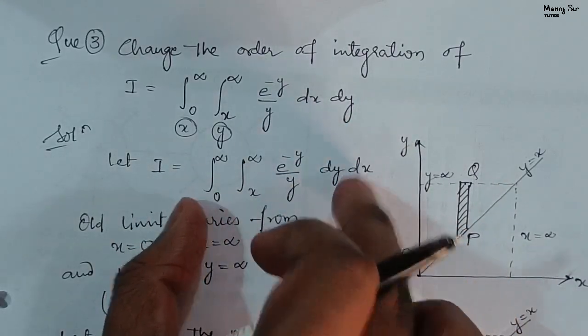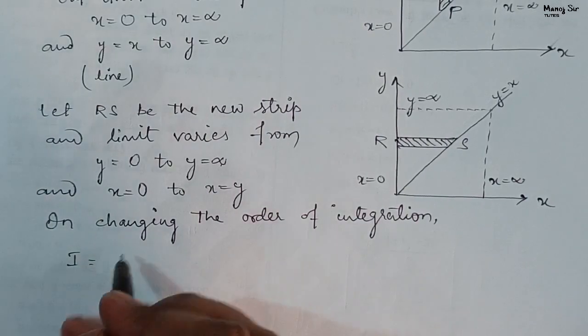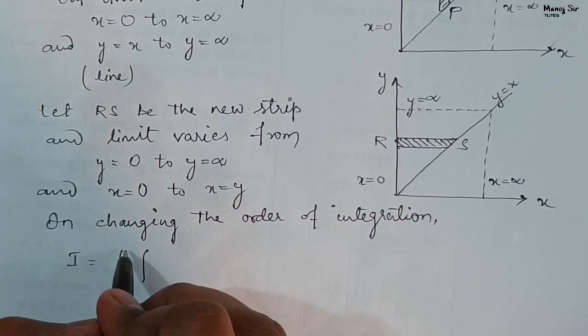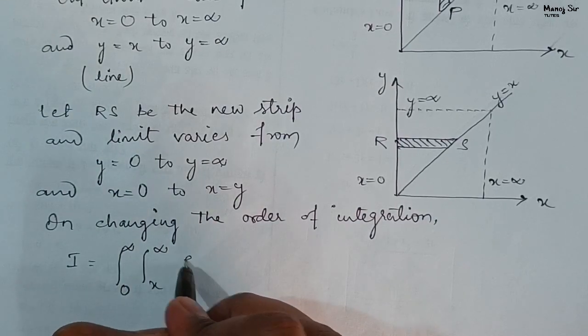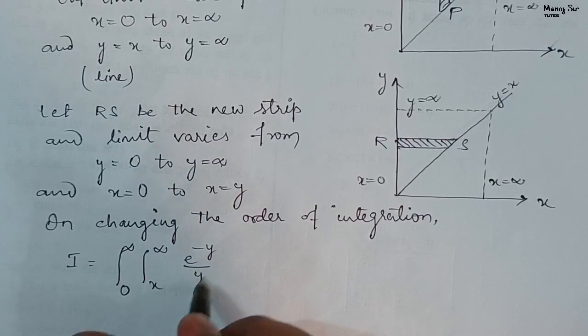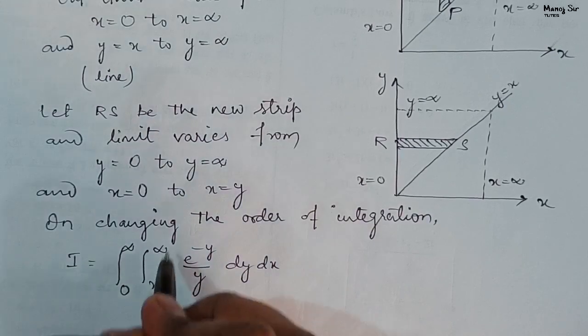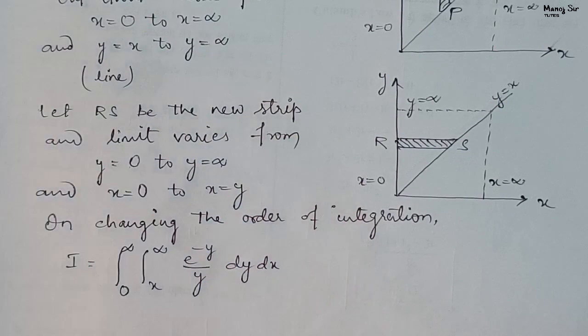So we will write first this I. That is, as per the old strip, I equals to double integral 0 to infinity x to infinity. The function is e to power minus y upon y. The order of integration is dy dx, because this is the limit of y. So first we are writing dy, then followed by dx.